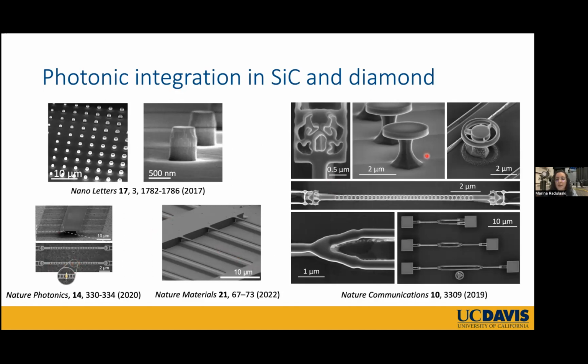On the right-hand side, you can see more diamond devices, where passive devices such as grating couplers were designed using inverse design algorithms, as well as the active devices such as the microdisc and microring resonators and photonic crystal resonators, which provide us this stronger light and matter interaction.